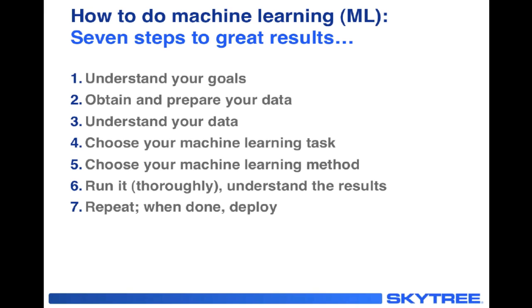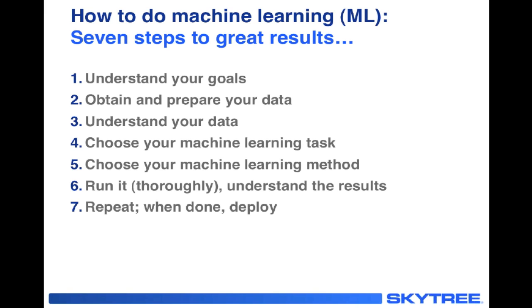Number 1 is to understand your goals, and that's why? Because there are many different choices you can make in machine learning. And if you haven't paused to really think about your goals, then it can get confusing. So we will touch upon that in this talk.